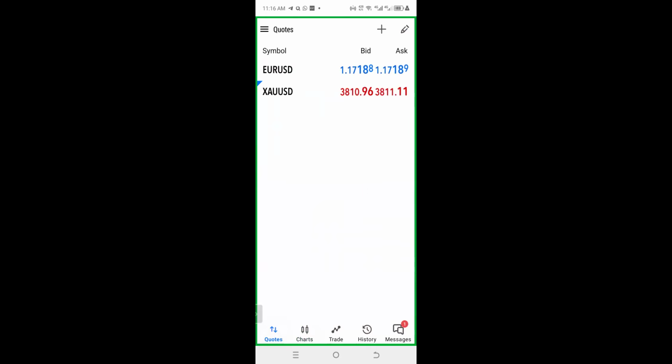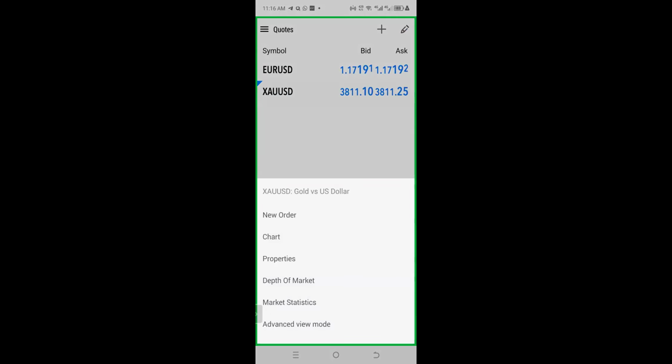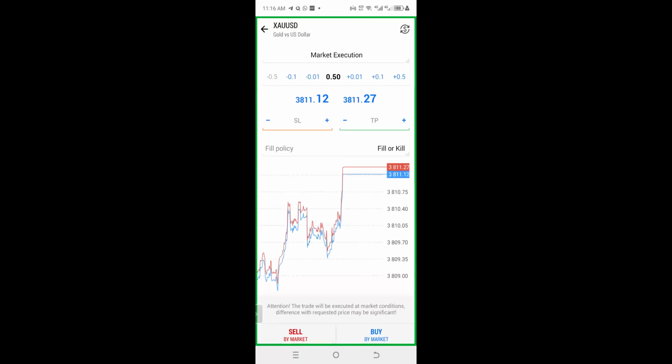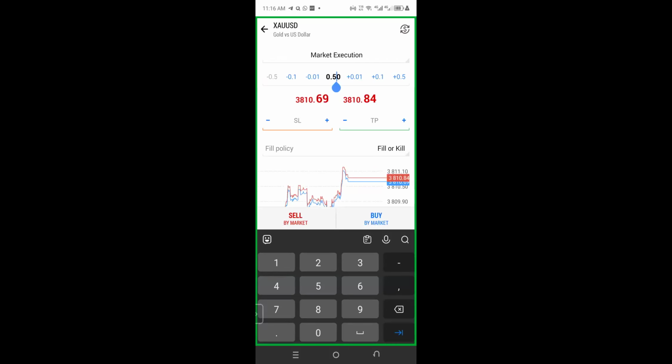So I go on quotes, I click on XAUUSD, I click on new order, and then I make sure it's on market execution since I need to enter the market immediately. And then I check my lot size, put it on 0.01. And what is my entry price now? Price right now is 38.10.59.